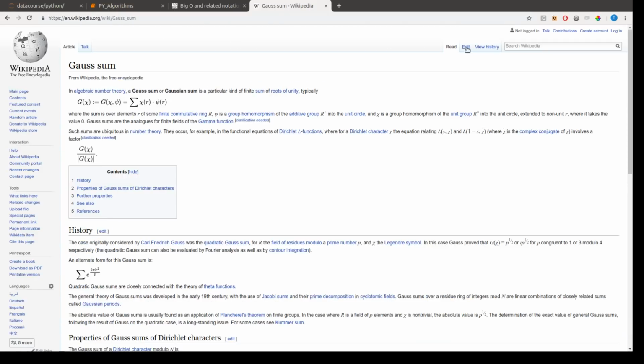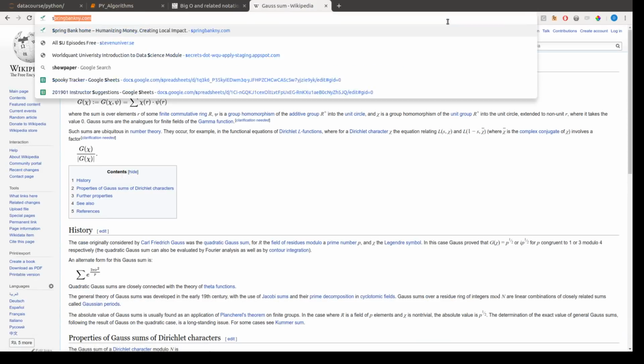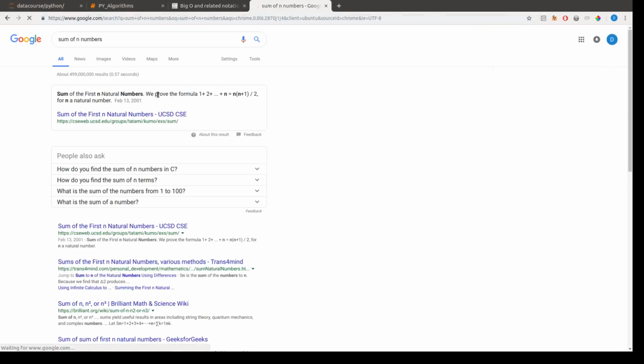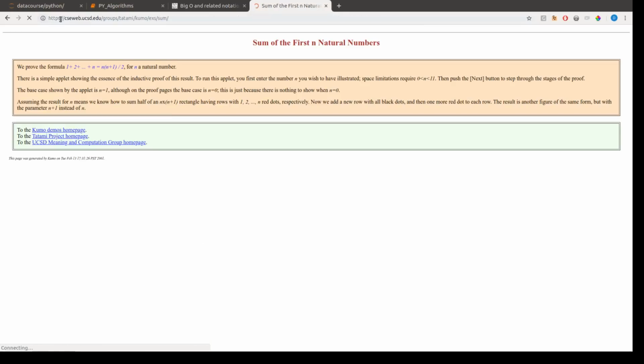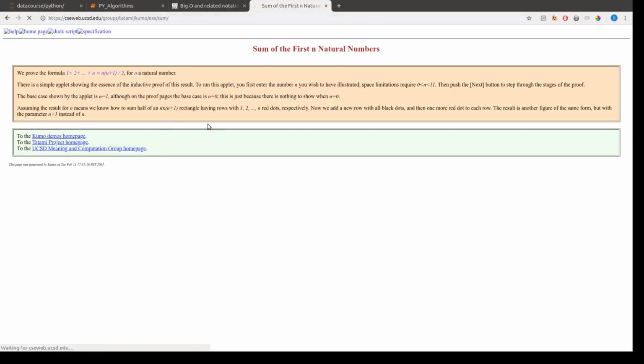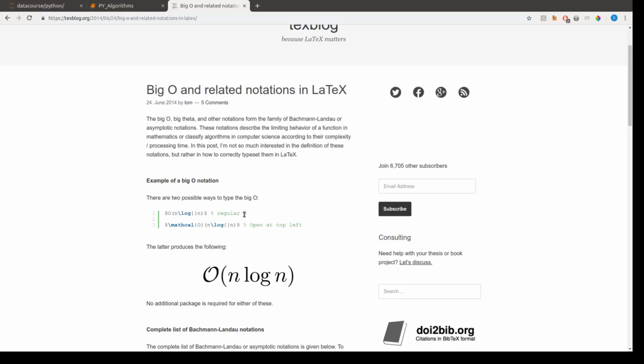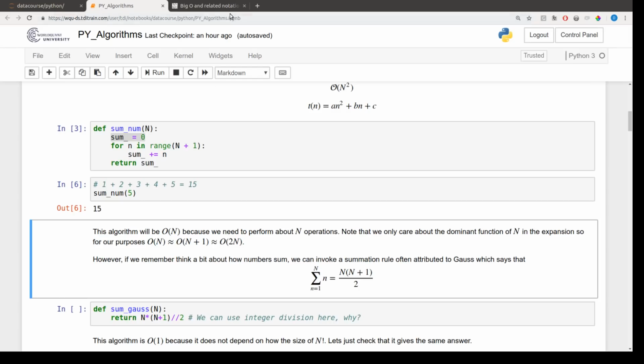Sum of n numbers. Yeah, so if you just Google something like this, you can find this, and whatever you find will probably describe how this is derived. I'm not going to prove it here because this is not a math class.